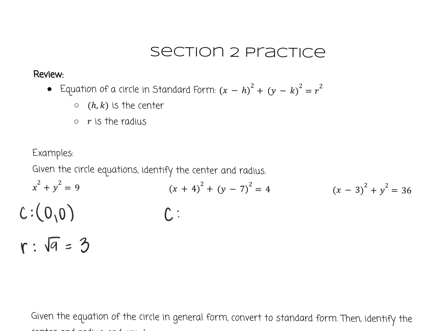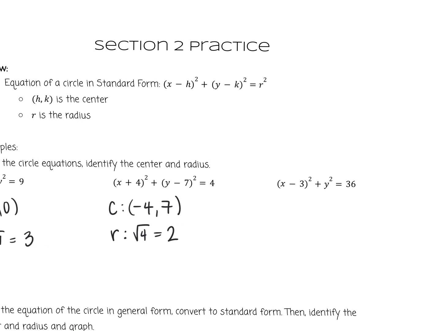So our center is the opposite of what's with x and the opposite of what's with y, so (-4, 7). And then our radius is the square root of 4, which is 2. Last example, (x - 3)² + y² = 36. So my center is going to be at (3, 0), and the radius, the square root of 36, which is 6.